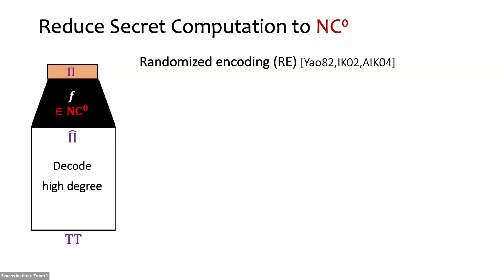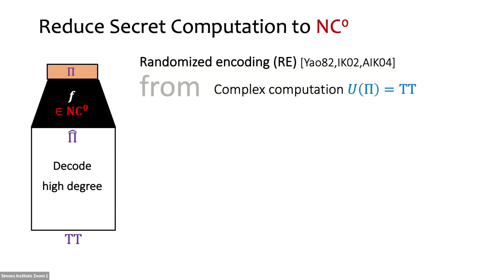Well, to compress a computation into NC0, this naturally brings up the notion of randomized encoding proposed by Ishai and Kushilevitz based on Yao's garbled circuits. What it allows us to do is to take a very complex computation. The one being done here is to evaluate the universal circuit U on the secret program pi to reveal the polynomial size truth table.